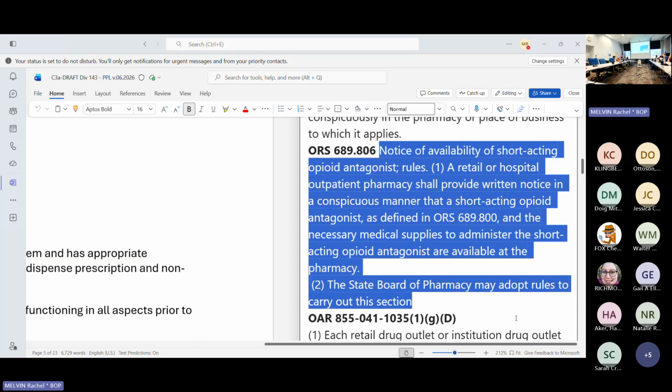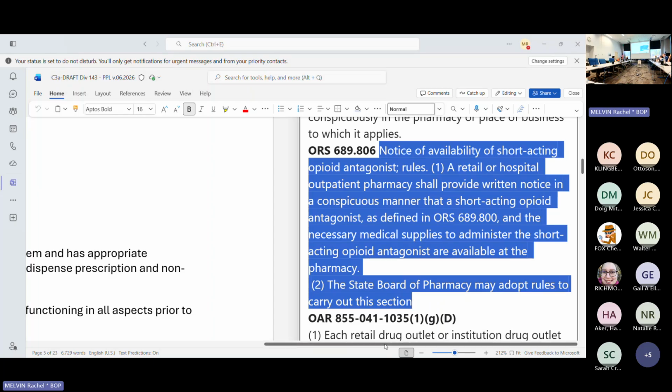Paren 1: A retail or hospital outpatient pharmacy shall provide written notice in a conspicuous manner that a short-acting opioid antagonist as defined by ORS 689.800 and the necessary medical supplies to administer the short-acting opioid antagonists are available at the pharmacy.